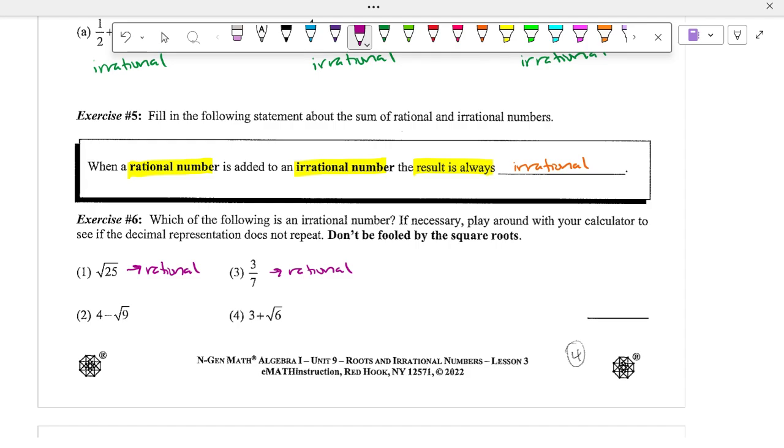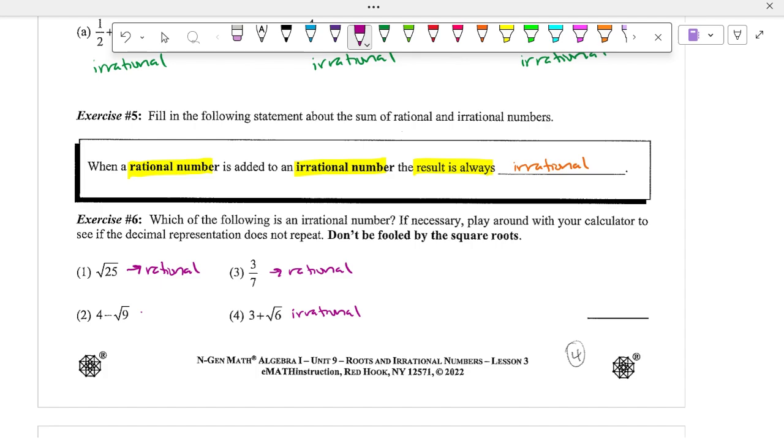All right, what about the last two? What do you think? Both of them are irrational. Actually, no. Look at number 2. What's true about number 2? Square root of 9 is 3.